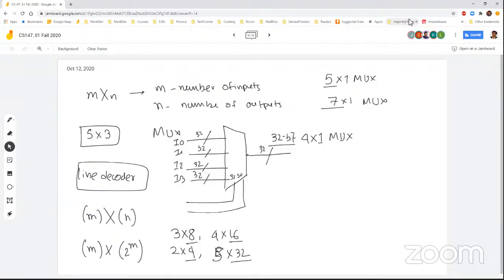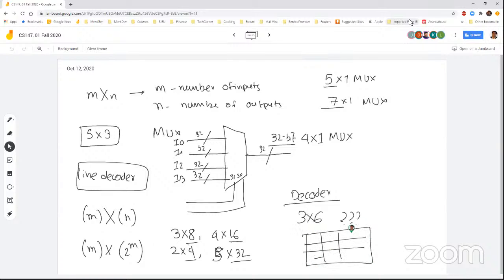Otherwise, if someone gives you a decoder of maybe 3 to 6, which is not a line decoder, then what is the truth table going to be? We don't know. For that case, one must provide you the truth table for you to construct a circuit out of it.